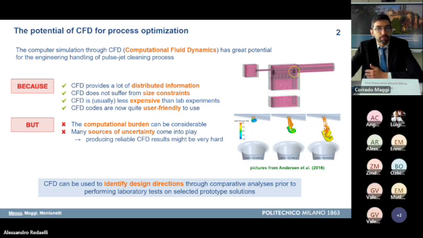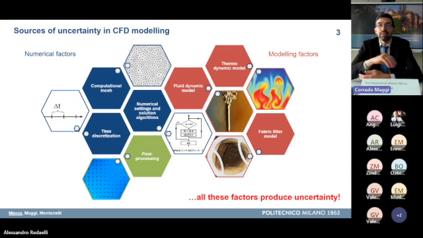And basically, we have said that CFD is characterized by many sources of uncertainty. And broadly speaking, we can divide these sources of uncertainty into two main groups, numerical factors and modeling factors. Numerical factors are due to the fact that the equations are not solved analytically, but they are solved numerically.